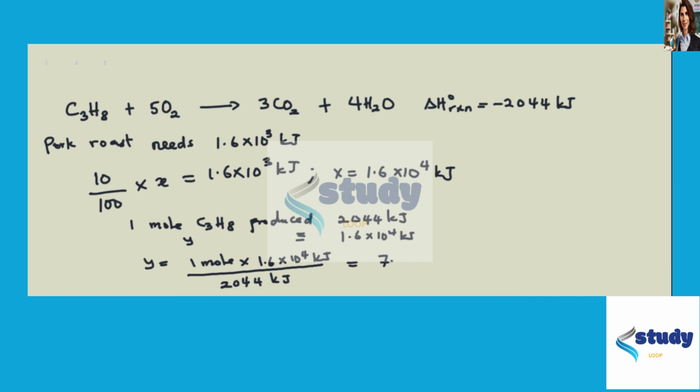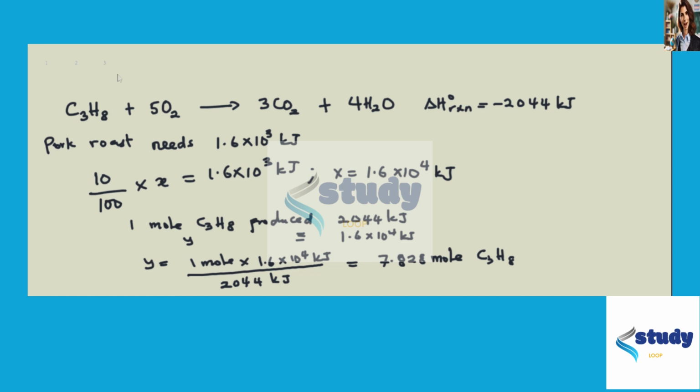And Y will be 7.828 mole of C3H8. So that is the number of moles of C3H8 that need to be combusted to produce this amount of energy needed to completely cook the pork roast.